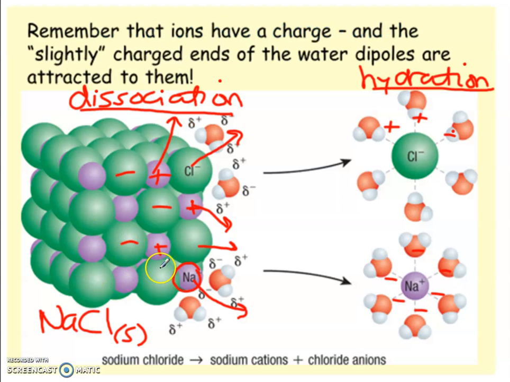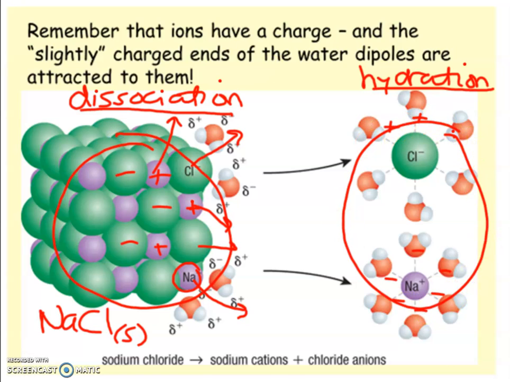So here we have sodium chloride, and then after it's broken up, the ions are separated. We have sodium ions and we have chlorine ions. So we're not making anything new. It's just that here they're together and here they are apart.